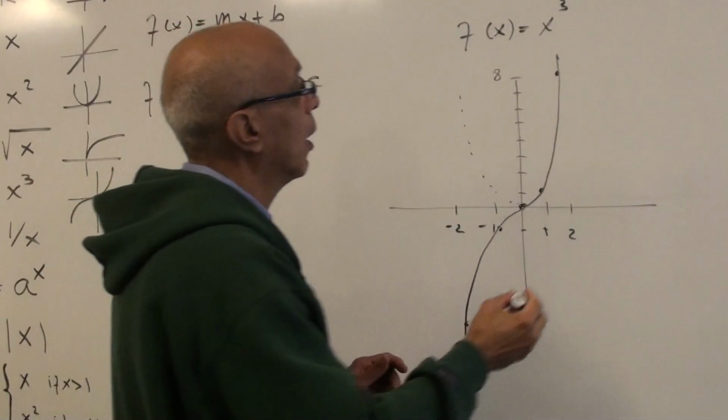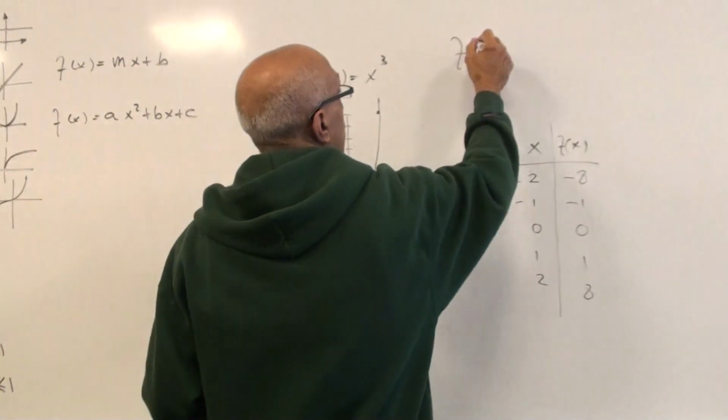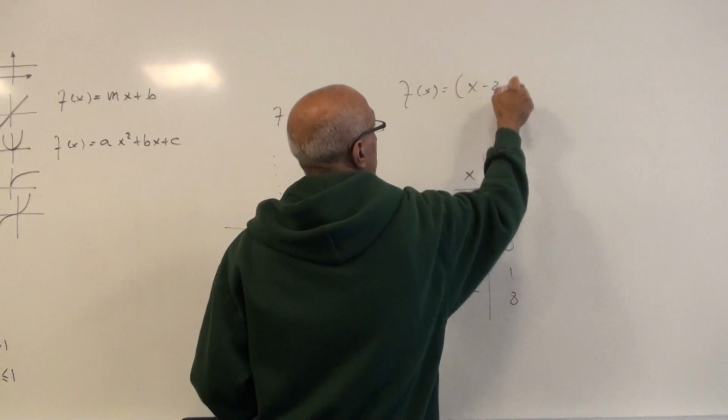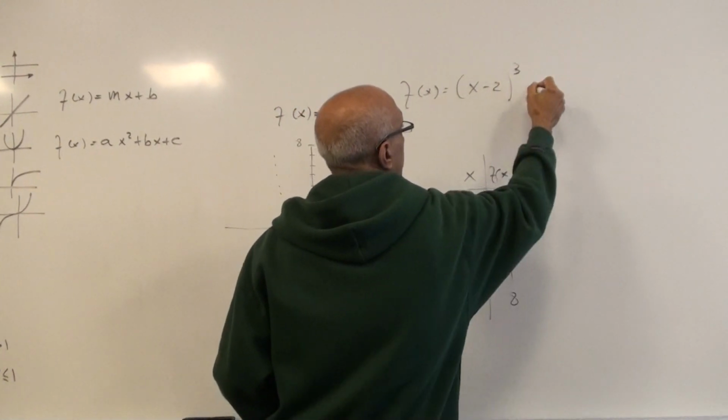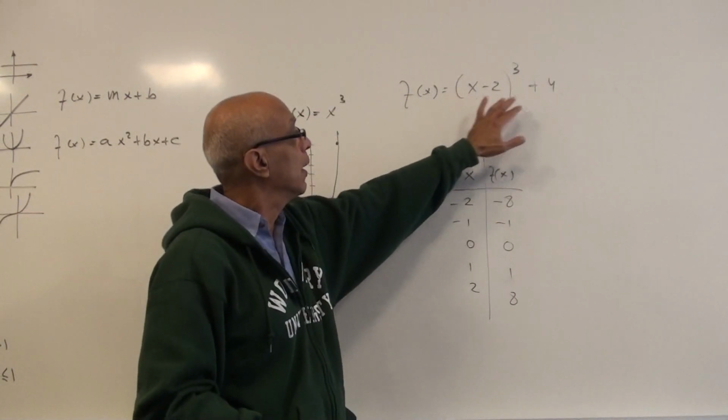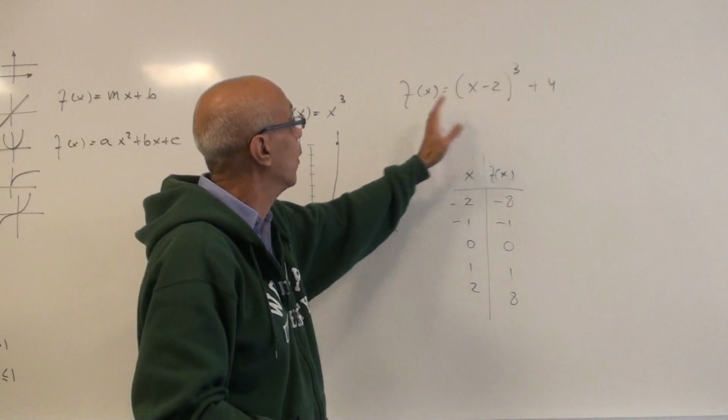And those things, again, if I were to do f of x equals (x - 2) cubed and then +4, it would move to the right and then move up, the same way as with the square.